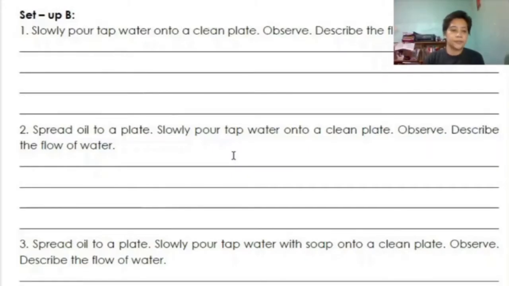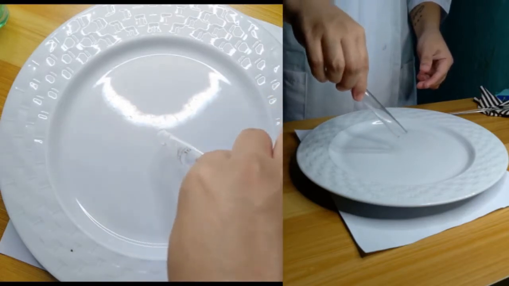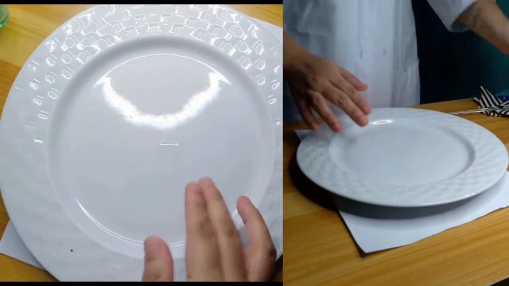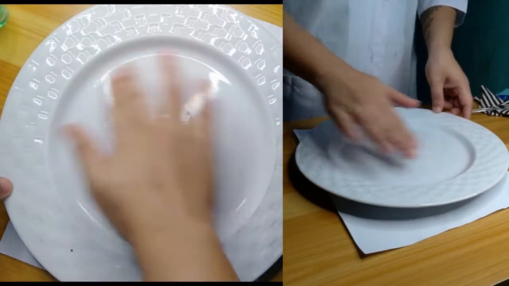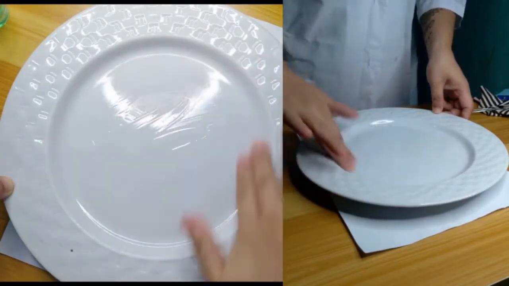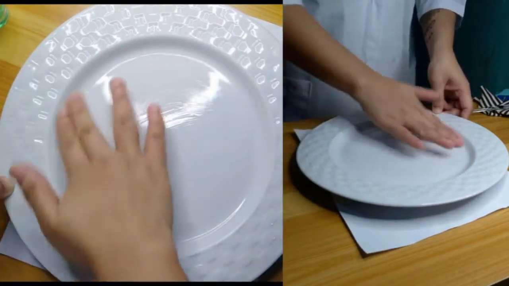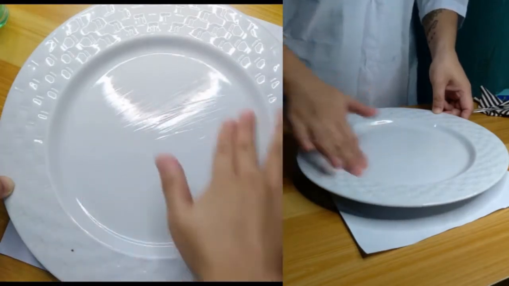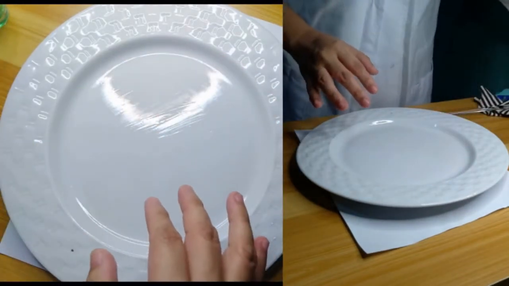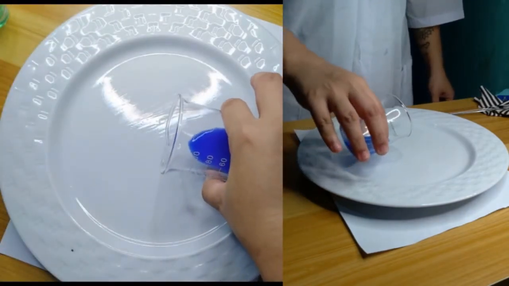Next procedure, spread oil to a plate. Slowly pour tap water onto the clean plate and then move the plate and describe the flow of water.